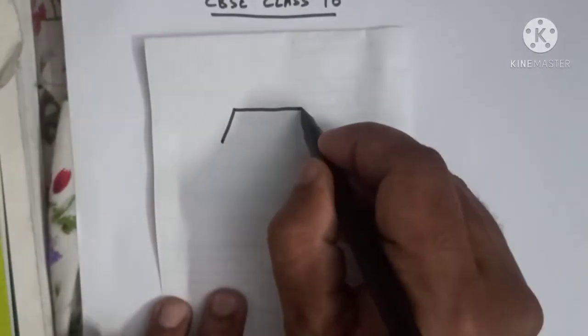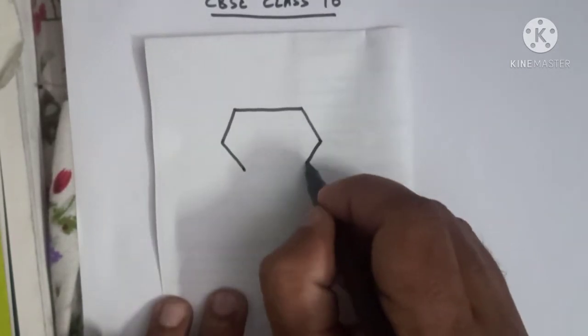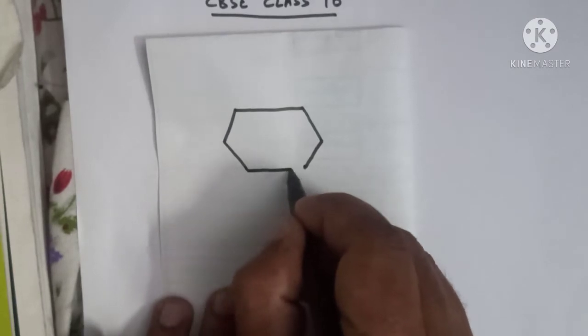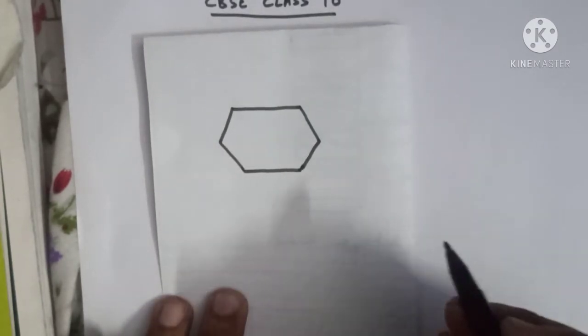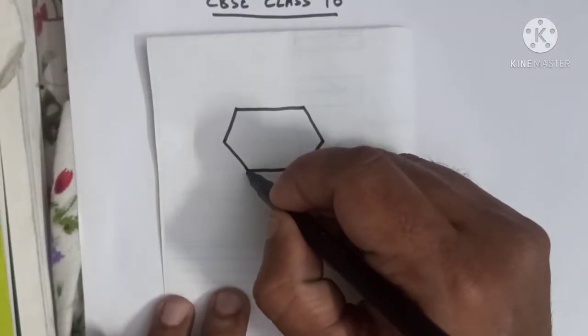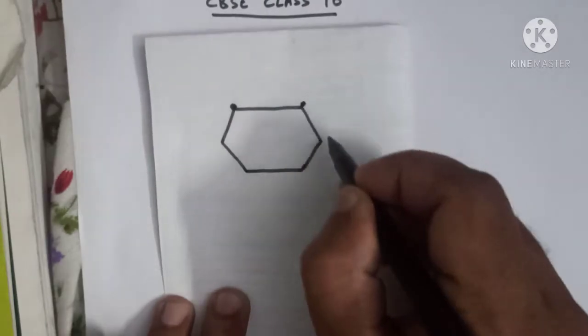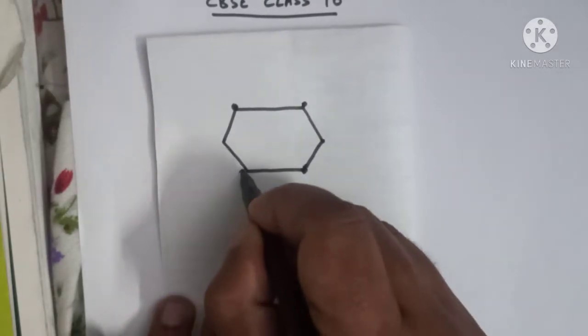As we all know, a hexagon has 6 sides. So I have drawn a hexagon. If I join the opposite vertices, how many points does it have? 1, 2, 3, 4, 5 and 6.